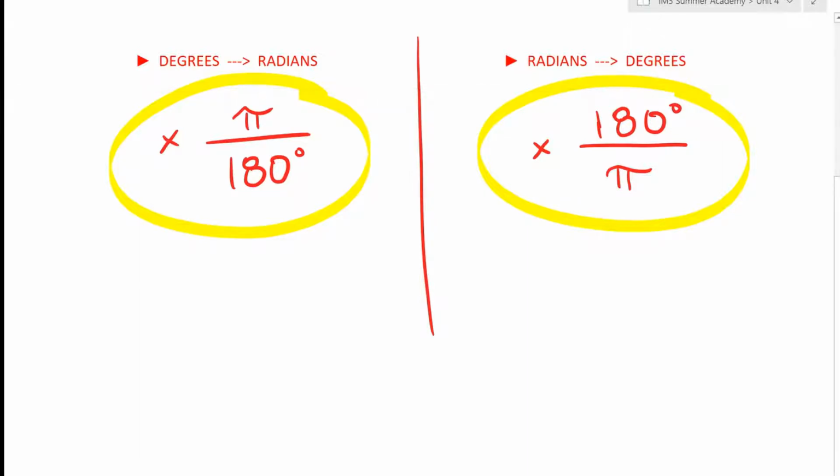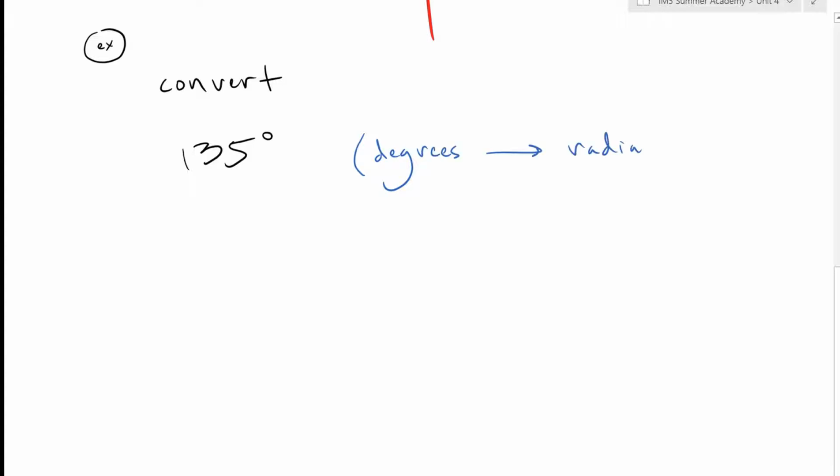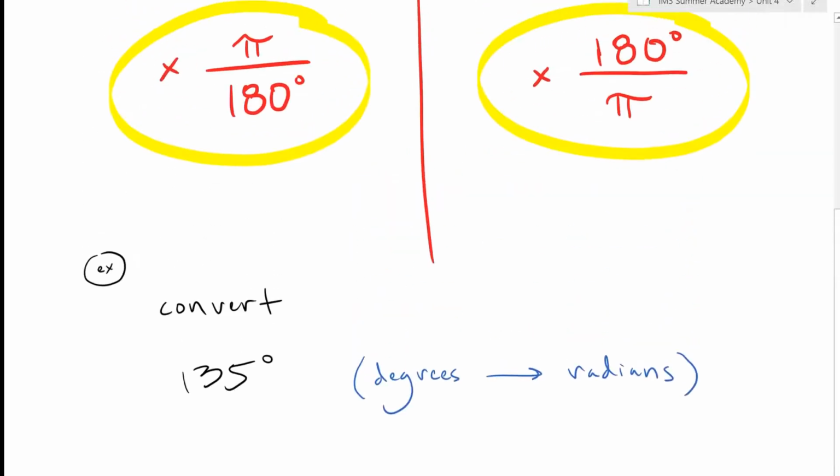All right, so let's see our first example. Convert 135 degrees. And there, we just said it, 135 degrees. So that'll tell us this is in degrees. And the only way to convert that is to now make it into radians. So let's look at my options up here.